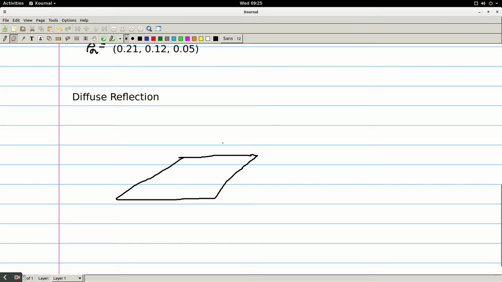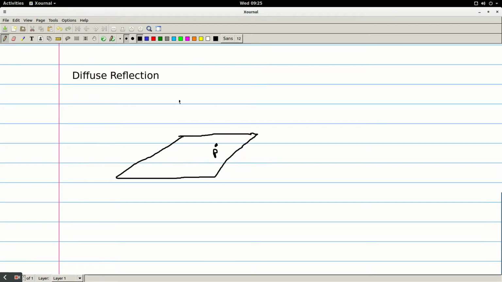So right over here, let me come up with a setup. Let's say we got a point P for which we're going to calculate the reflection, and there is some sort of a light source somewhere. Okay, so we got a light source, and let us call this light source L. What's going to happen is that light will come from this light source, fall on P, and then bounce off, right?